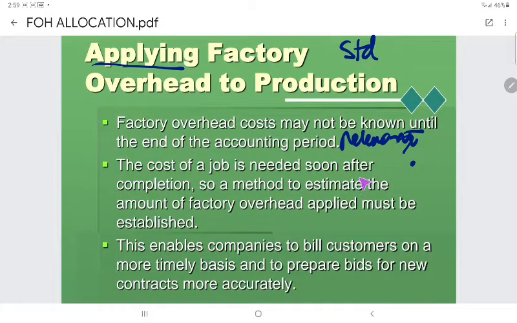Okay? Dahil hindi pa ito malalaman agad, kailangan mong magbigay ng information on a timely basis. Kaya mag-a-apply ka, mag-estimate ka because you want it to be relevant. Kasi sabi dito, lalo na pag job order, dapat daw alam mo na kung magkano siya. Kaya mag-estimate ka talaga. Okay?